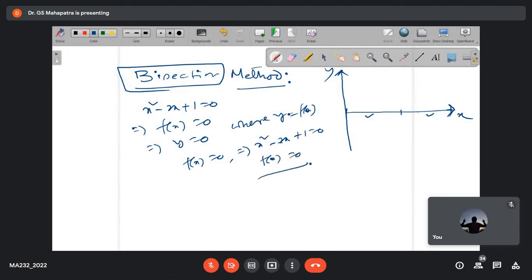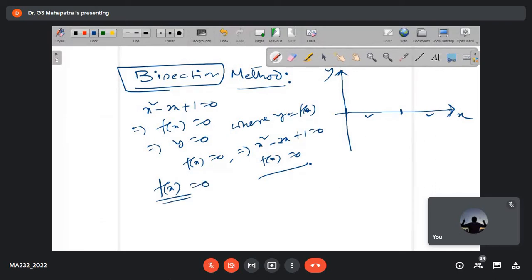Now, what is f of x? F of x is a curve. F of x equals to 0 is the equation.